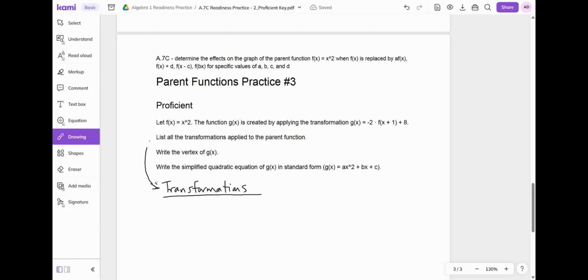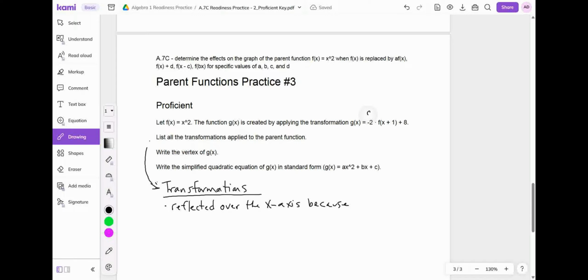So what we have is, first it's a negative 2. We need to first say it's reflected over the x-axis, and it's reflected because it's negative. I'm just going to call it A because this is our A term, right?